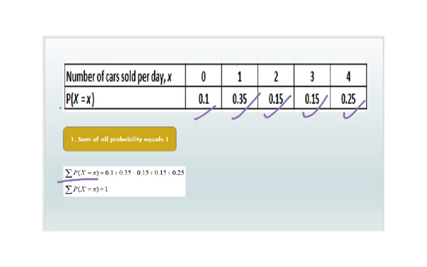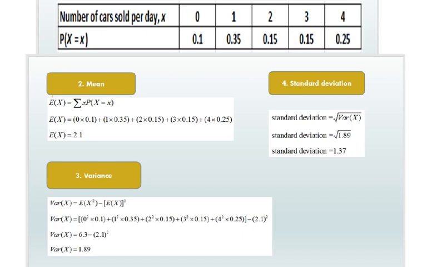And then the second property of the probability distribution is to calculate the mean, which we also call it as expected value. So we represent mean with E(X). Again, the formula given to us is the sum of X multiplied with the probability.